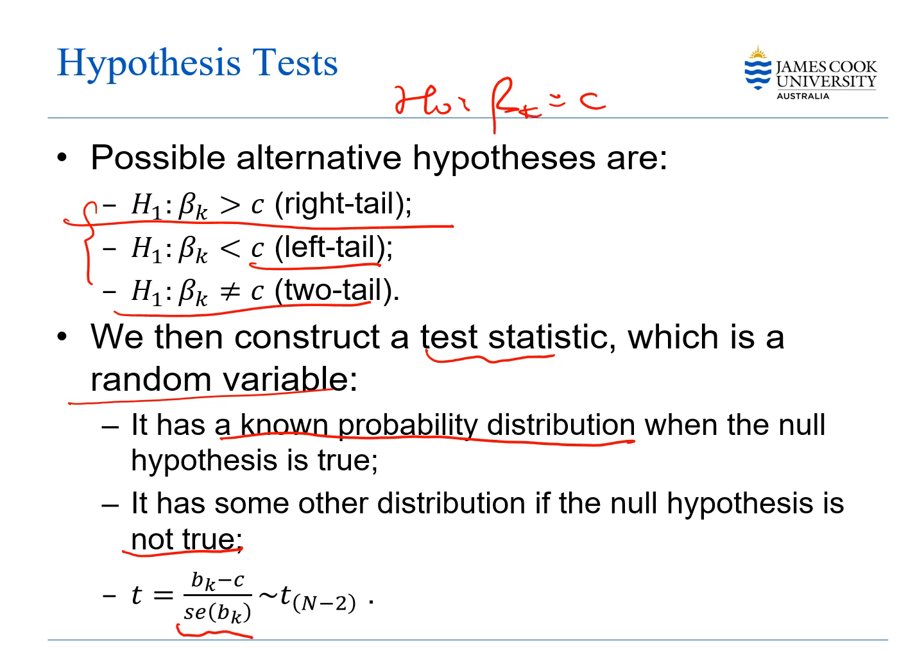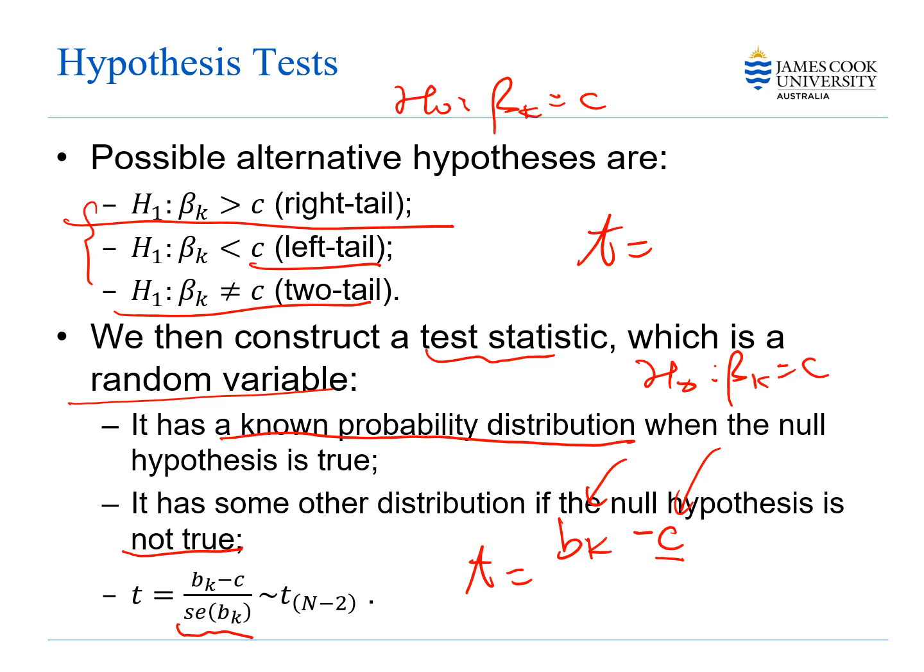So T is equal to b_k, the OLS estimate of beta k, minus c. Remember, under the null hypothesis, we see that beta k is equal to c. So we take away c.